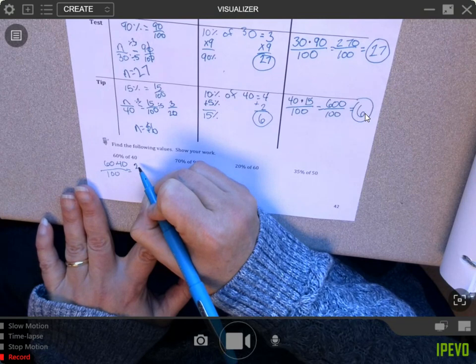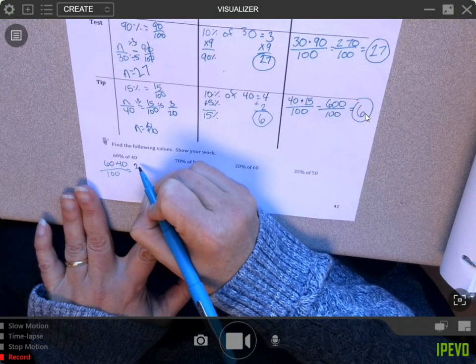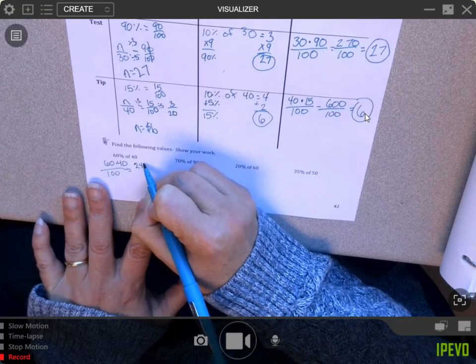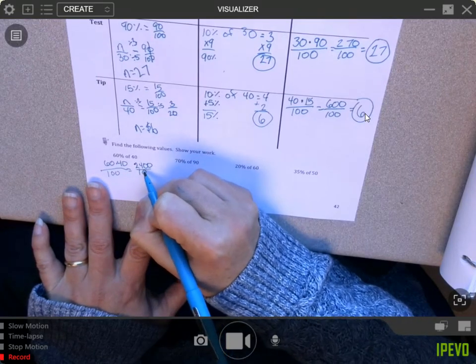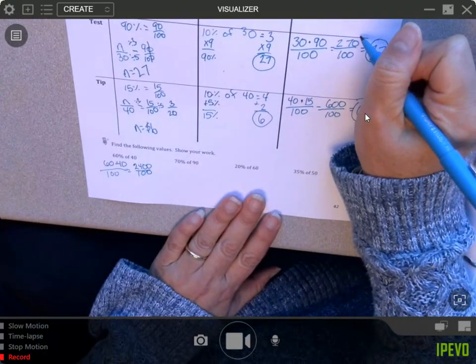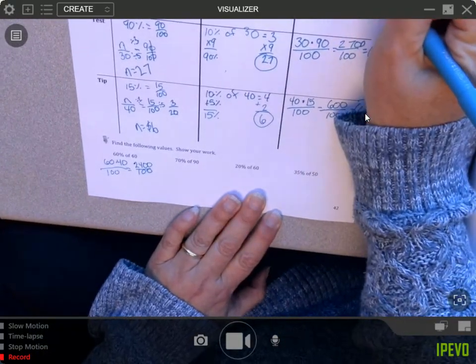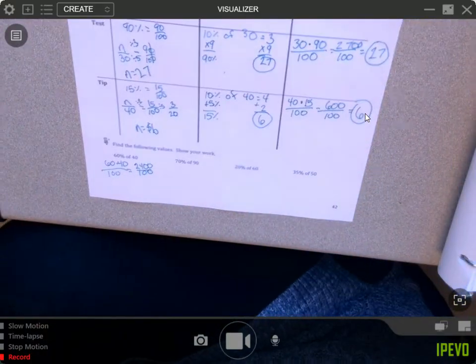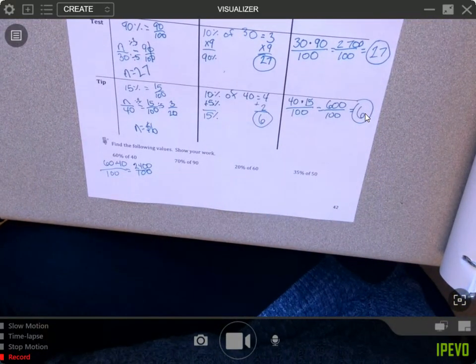Careful. 60 times 40. It's not 2,000. Oh, it is. Sorry. Divided by 100. I needed to put extra zeros here. What is 2,400 divided by 100?